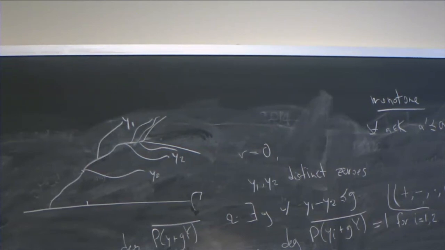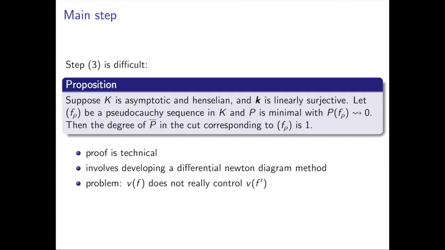The proof is technical, and kind of the most interesting thing you might be most interested to hear about, but also the thing I'm least qualified to explain, is this differential Newton diagram method.